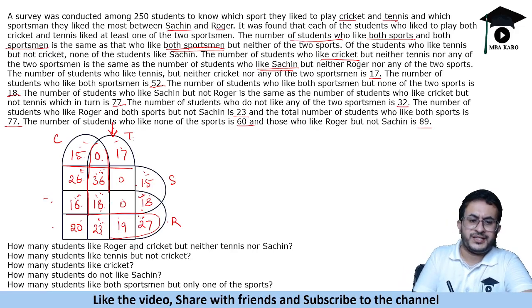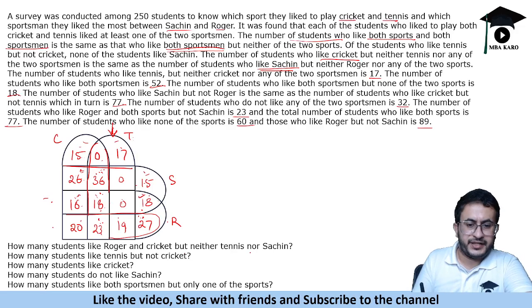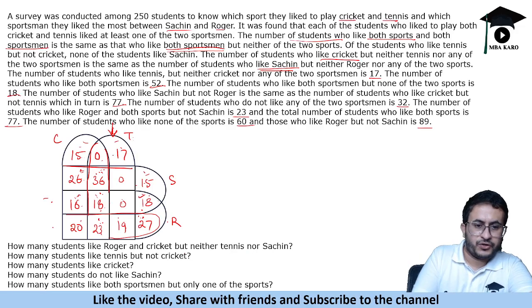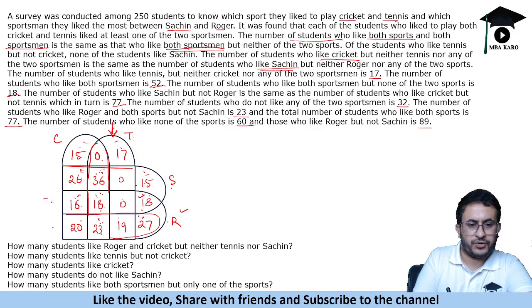How many students like Roger and cricket but neither tennis nor Sachin? Okay, Roger, this is cricket. They should not like Sachin or tennis. Okay, so this part is tennis, so we will remove it. So basically only Roger and cricket that they are talking about. So this is 20. How many students like tennis but not cricket?